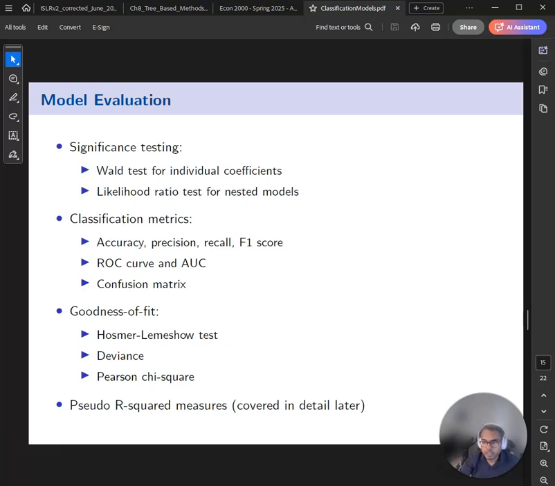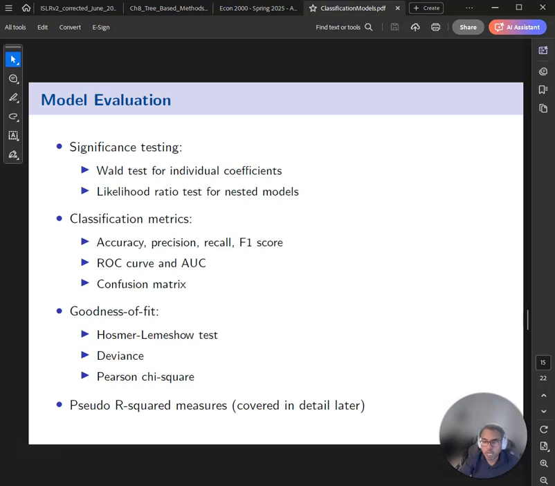The accuracy measures the overall proportion of correct predictions. Precision tells us what proportion of our positive predictions were actually positive. Recall, or sensitivity, tells us what proportion of actual positives were correctly identified. And the F1 score combines precision and recall into a single metric.